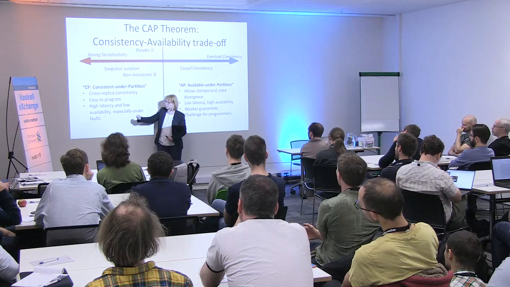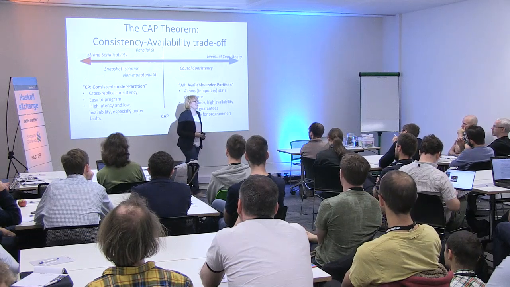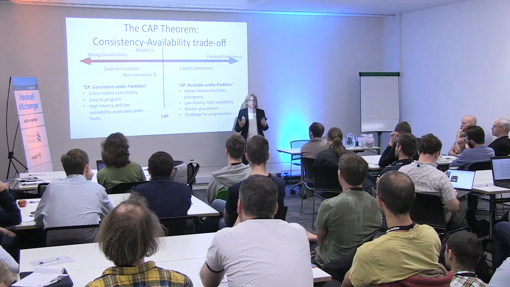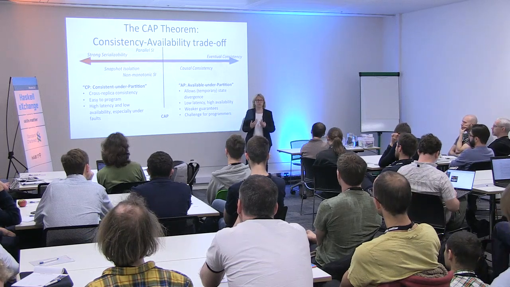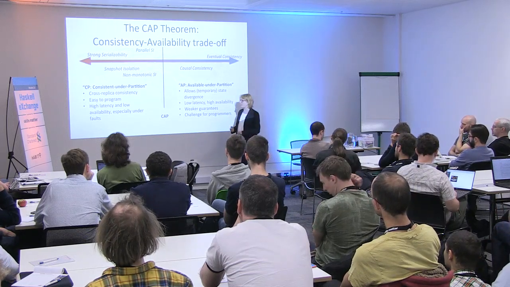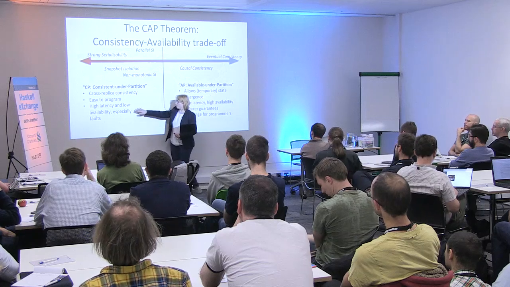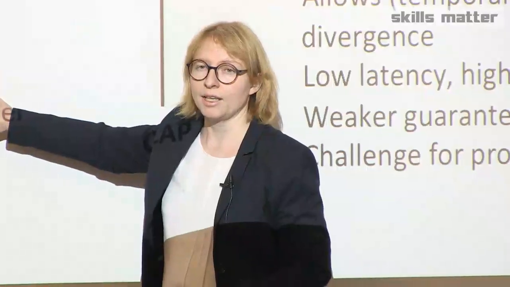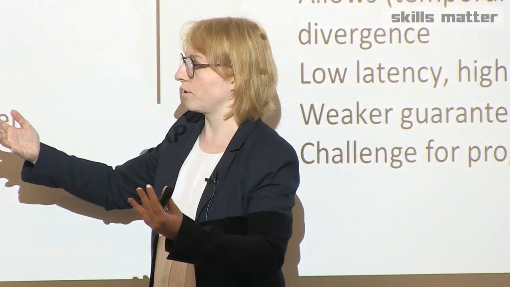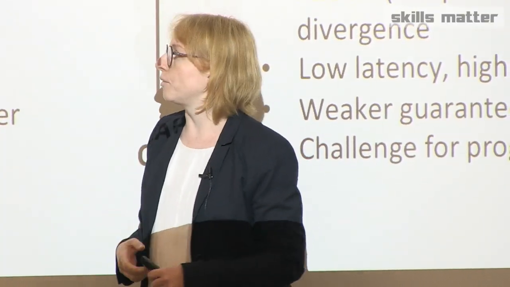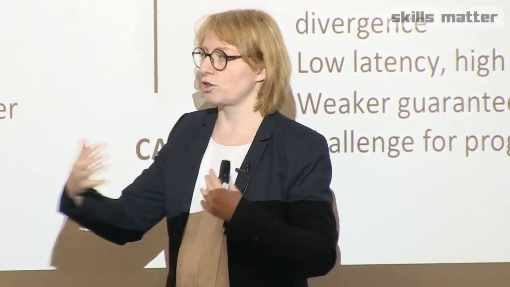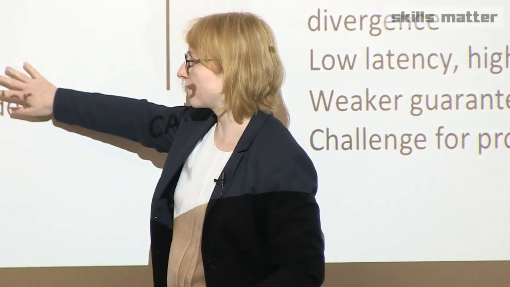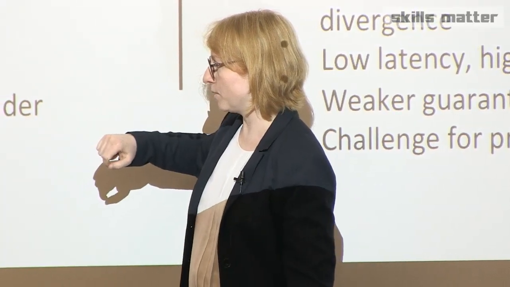This makes developing applications on top of such a consistent data store much simpler, because you only have to deal with one situation. There's always the same data. The problem is that latency can be pretty high, because before a replica is going to give you an answer for your request, it needs to check with all the other replicas what's actually the state. So you're going to pay some price for this synchronization between the replicas.